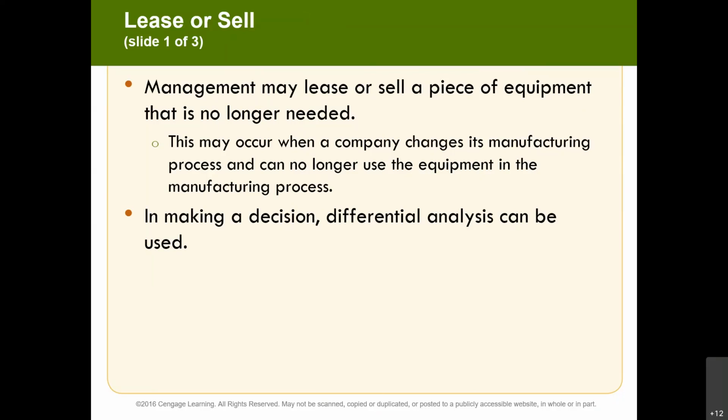So that type of decision, you really need to do a differential analysis to determine if it would be worth it or not. In that type of decision, we look at things like the cost of ink, the cost of maintenance, the cost of repairs or service, how much per page it costs in the lease or sell process. Those type of decisions are really, really important in business.